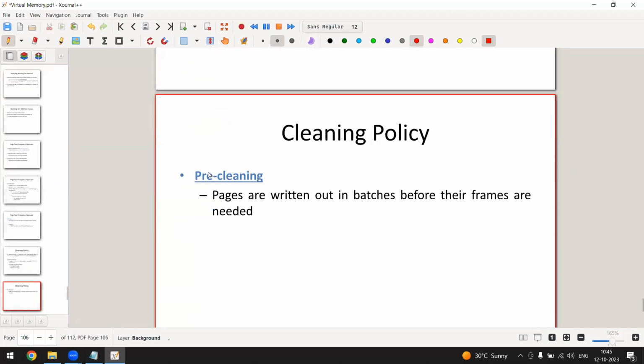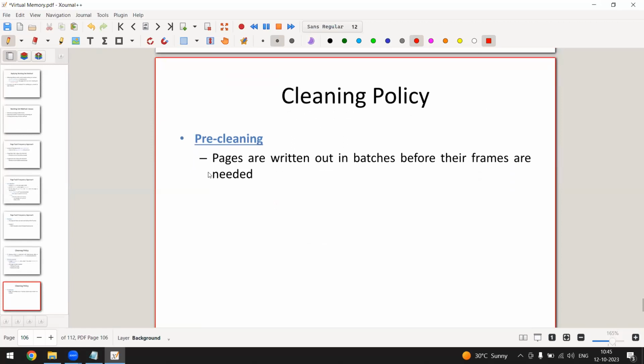The other approach is pre-cleaning. In the pre-cleaning approach, pages are written out in batches before their frames are needed. So this is more proactive and more optimized.